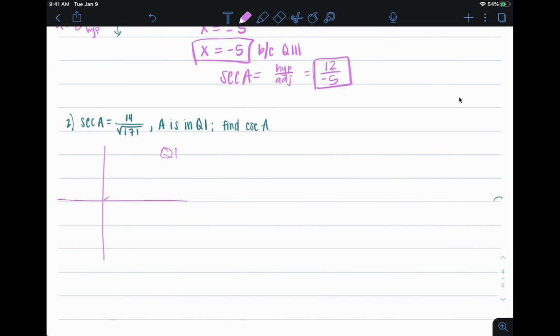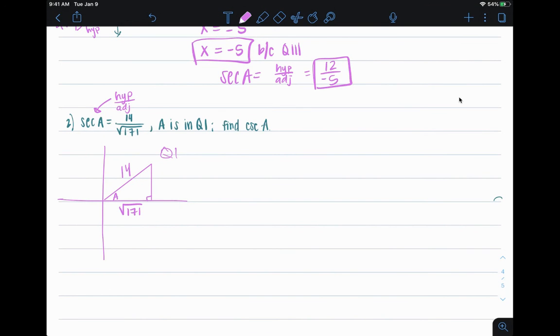So if I draw my triangle here, here's our triangle, here's our A value. We know secant of A is 14 over the square root of 171. Remember, secant is hypotenuse over adjacent, or 1 over cosine, so we know our hypotenuse is 14, and our adjacent is the square root of 171.